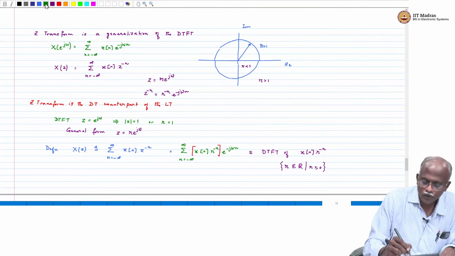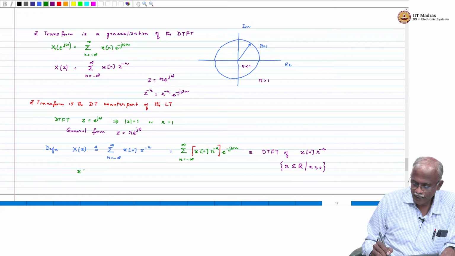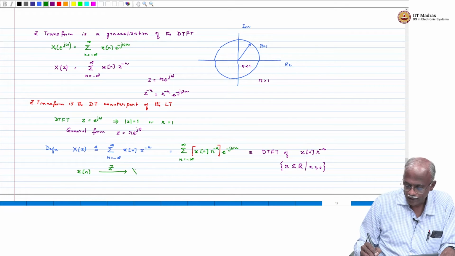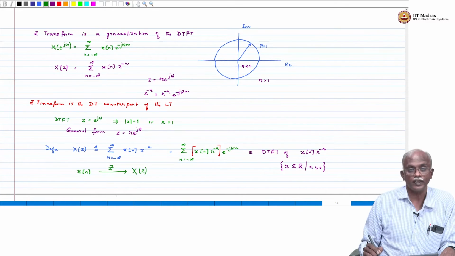So, how do we denote the Z transform? We say x of n has got a Z transform, just like we wrote f for the discrete time Fourier transform. This will give us an x of z.